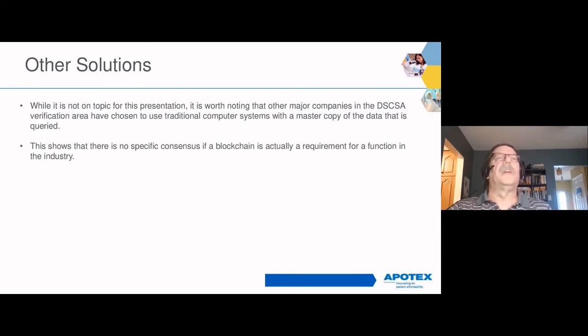While it's not strictly on topic for this presentation, there are other major companies in the same verification area that have chosen to use traditional computer systems with a master copy of the data that is queried.